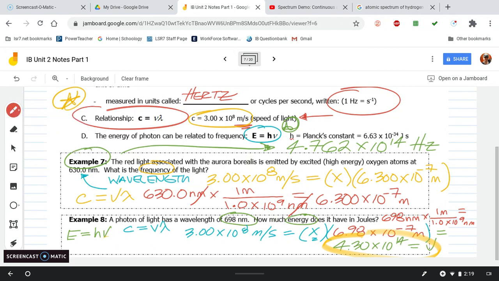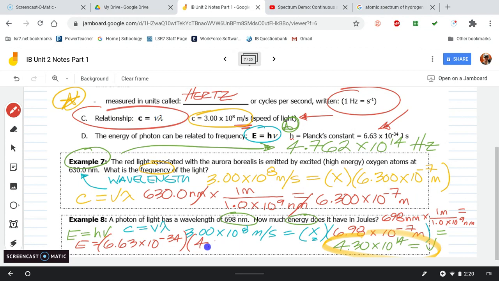Okay, so energy, which is what we're looking for, is Planck's constant, and that's right here. That's h. So it's going to be 6.63 times 10 to the negative 34th, and that's joules per second, but you don't need that. And once again, you don't have to memorize this. This is given to you on the test.